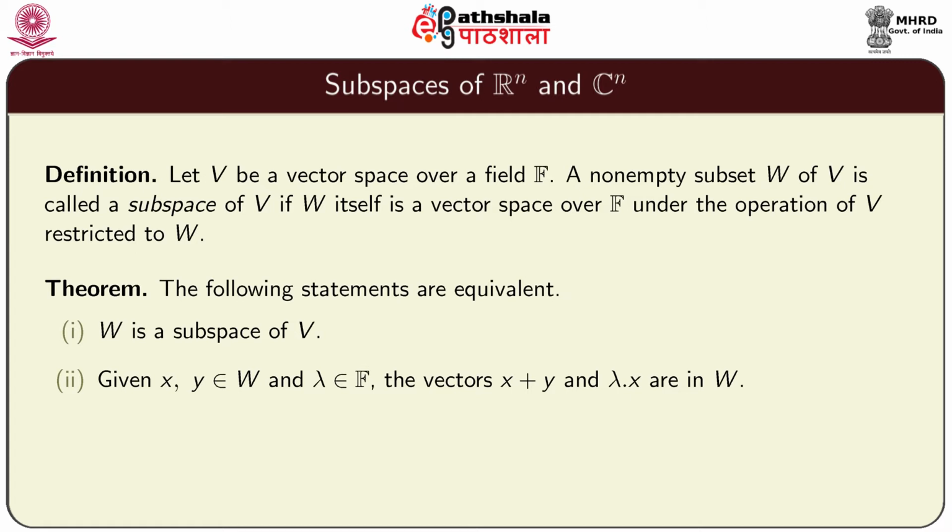Well, proving this is easy, and it exactly follows from that particular portion of the definition which says that W itself is a vector space over F under the operation of V restricted to W.